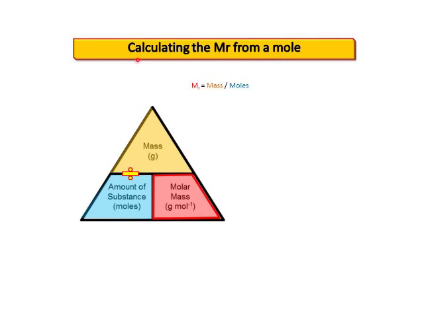This just leaves the last calculation that you can do with this triangle, which is to calculate the Mr, the molar mass, with units grams per mole, using the other two terms, so it's mass divided by an amount of substance. We won't go through a calculation here because you can see from the other two exactly what you'd be doing. You just have to extract the mass of the substance and then the amount of substance in moles and put it into the equation.